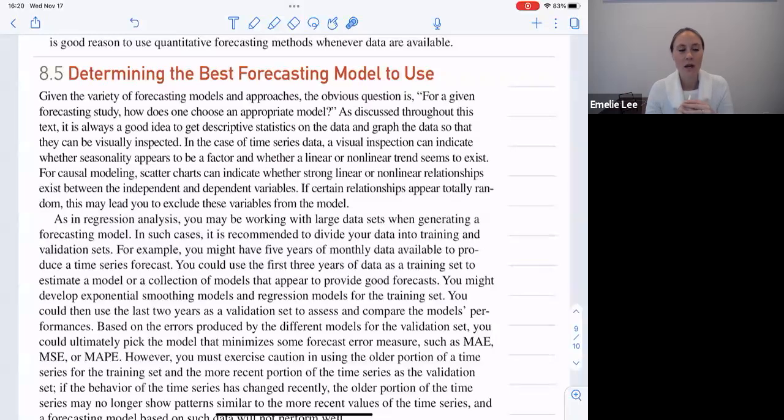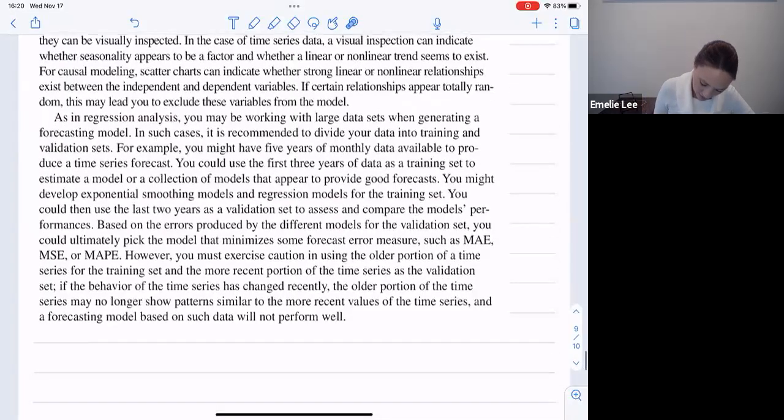Then you build your model on the training set and apply it to the validation set, and you see how well your forecasts are doing. Because those haven't been incorporated into your model yet, and you're always looking at the mean squared error, you can consider the MAPE and the MAD to pick the best forecast method, right?